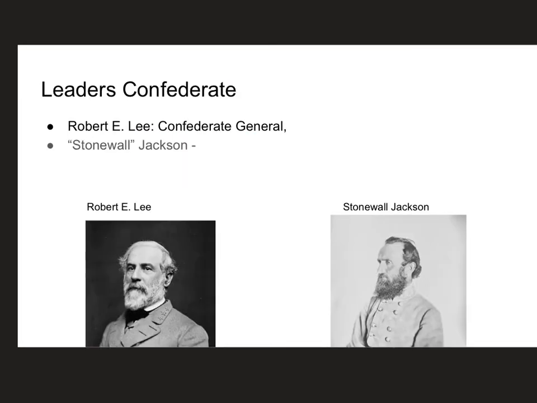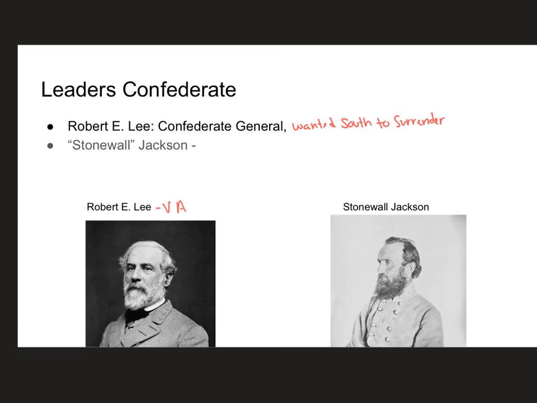Okay, so some of the important people to know of the South, or of the leaders of the South. Robert E. Lee, he was actually from Virginia. And he said that he wanted the Southerners to surrender. He would not fight against his home state of Virginia. So when Virginia seceded from the Union, he went with the South.